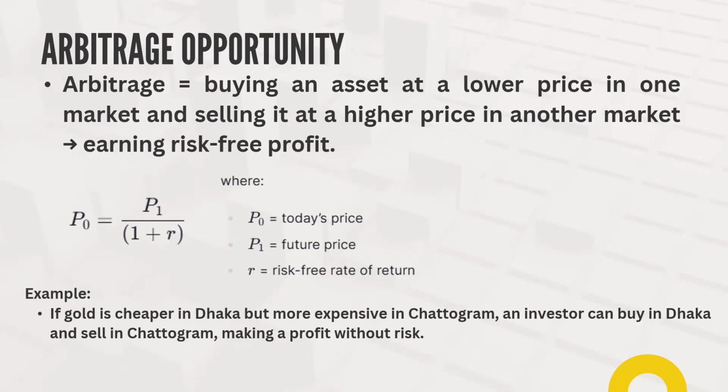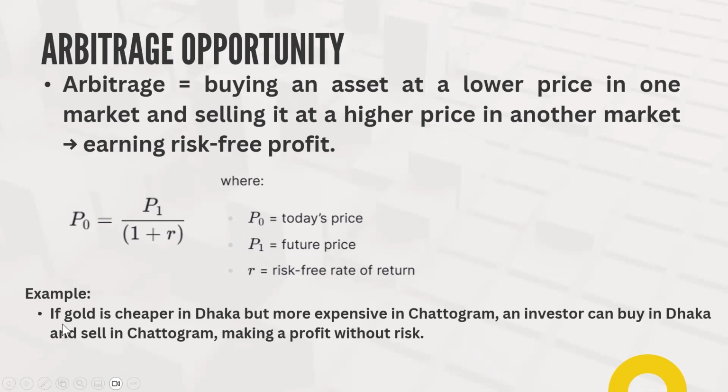We can earn profit without taking any risk. So here we see the formula: P naught equals P1 divided by 1 plus R. So here P naught is today's price, P1 is the future price, and R is the risk-free rate of return.